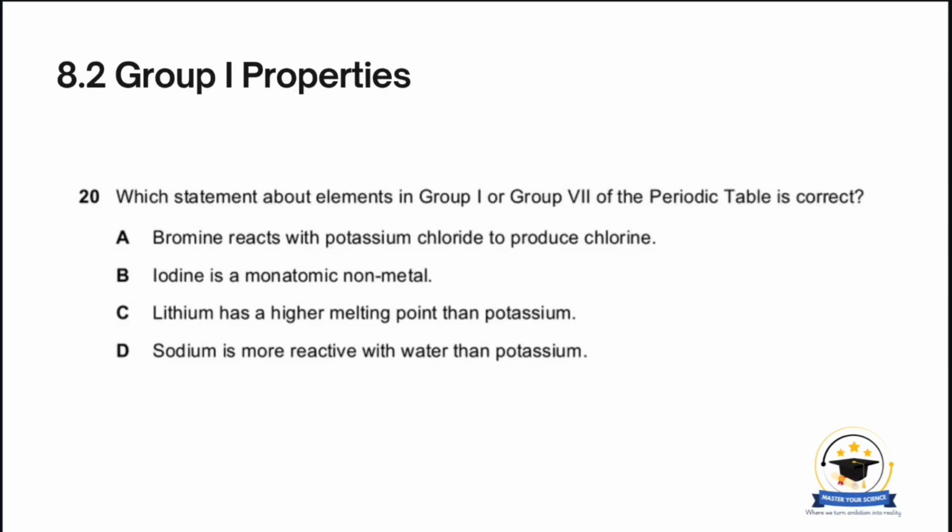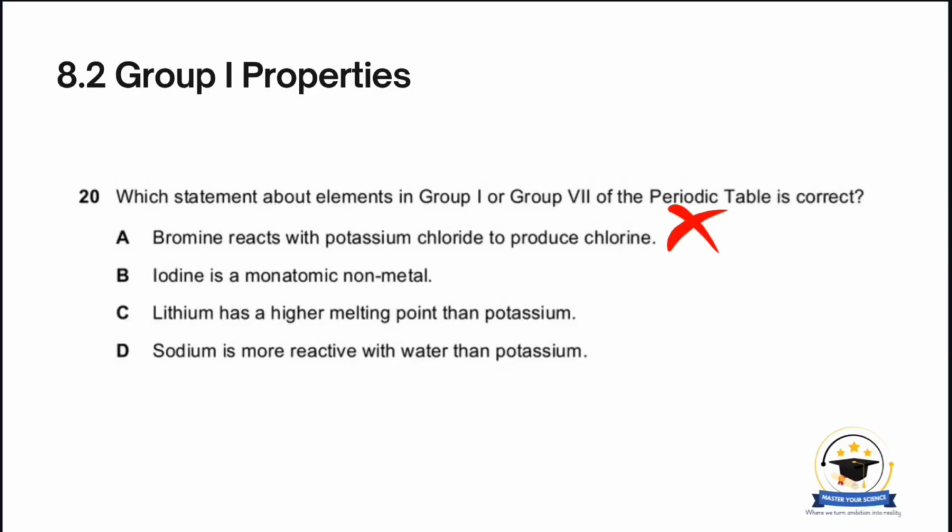It says bromine reacts with potassium chloride to produce chlorine. So chlorine is more reactive than bromine, so bromine cannot displace chlorine, so that makes that statement incorrect.